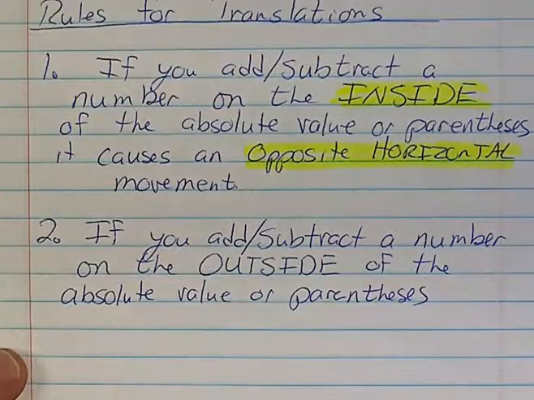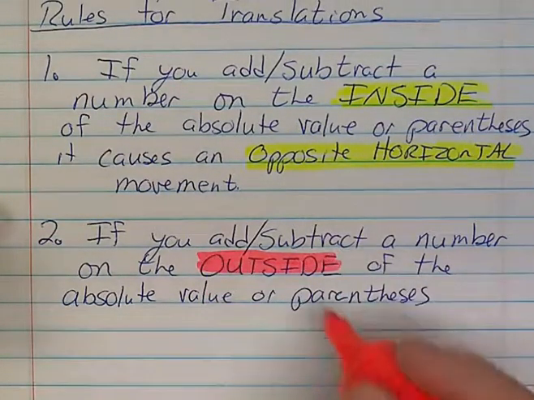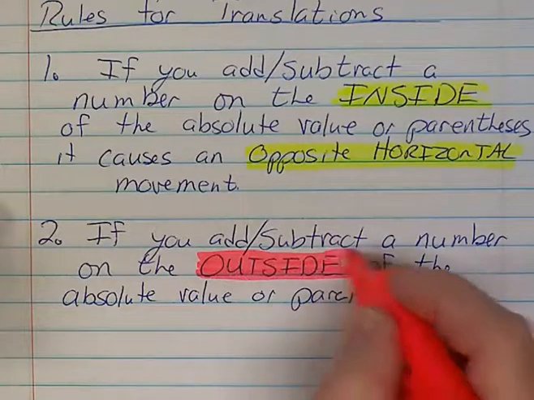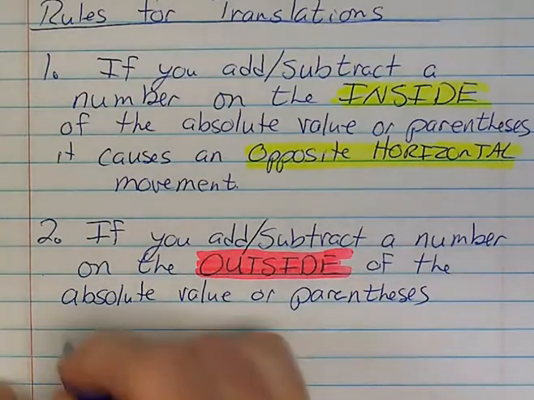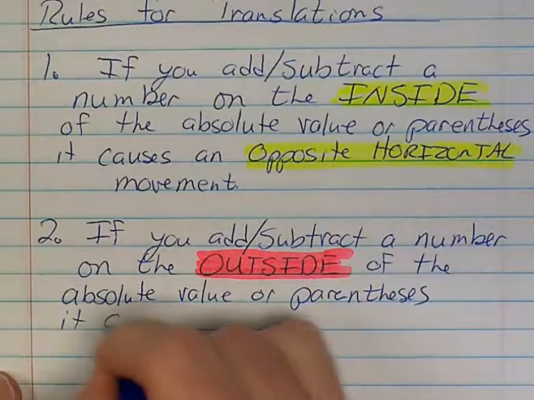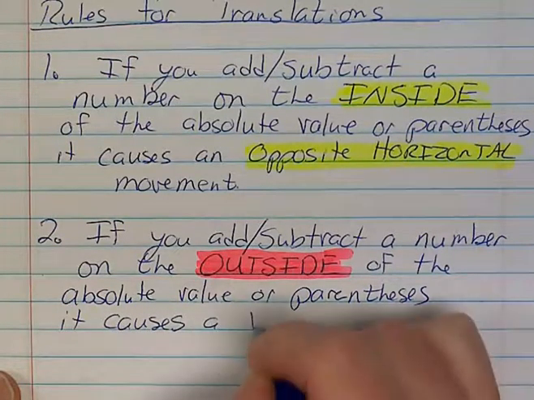Okay, so second part is we're going to add or subtract a number. This time it's on the outside. So if we're on the outside of the absolute value or the parentheses, it causes a vertical movement.